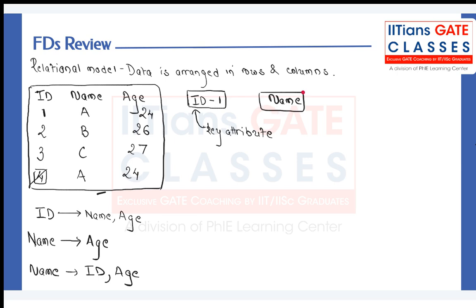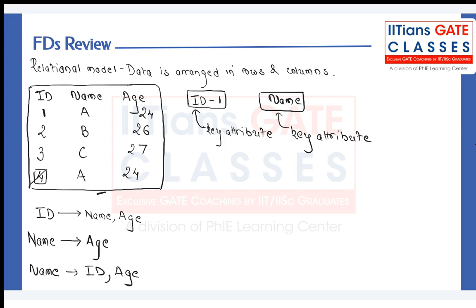Because name can uniquely identify each row of the table. I can, right? So, what do we learn from here? We learn that a table can have more than one key attribute, first of all.